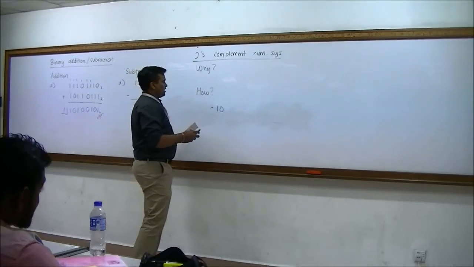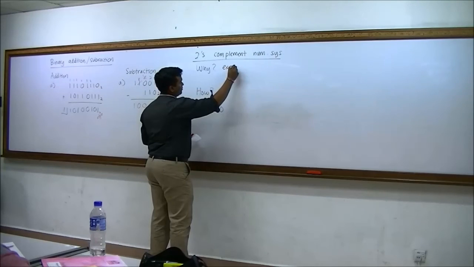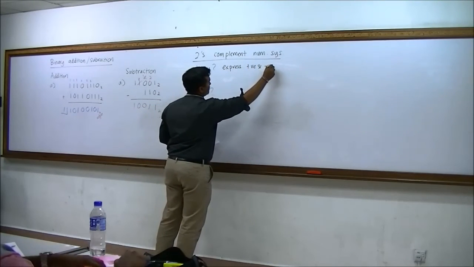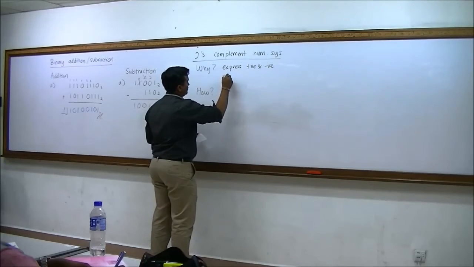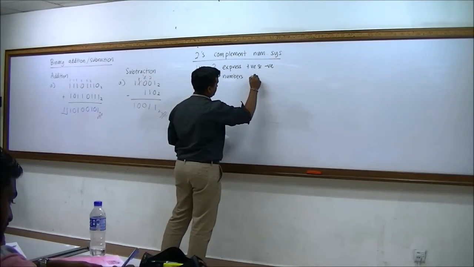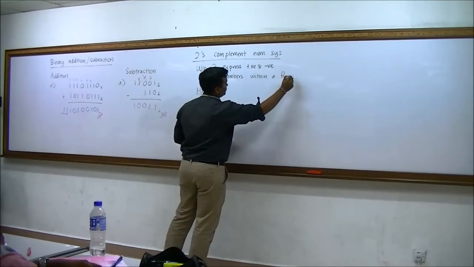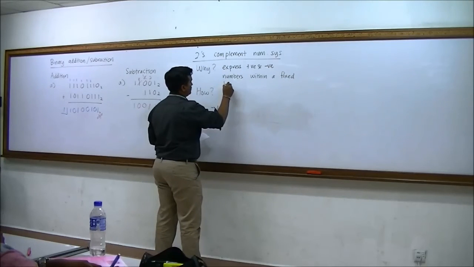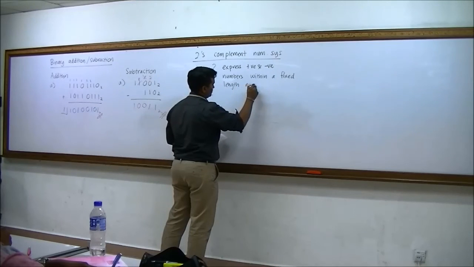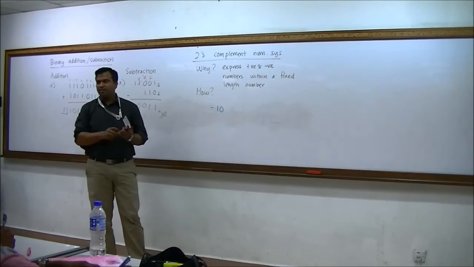This two's complement number system is used to express positive and negative numbers within a fixed length. You understand the statement?